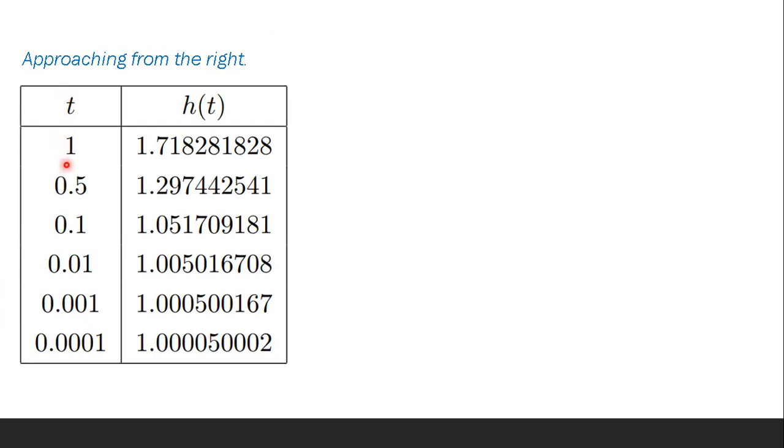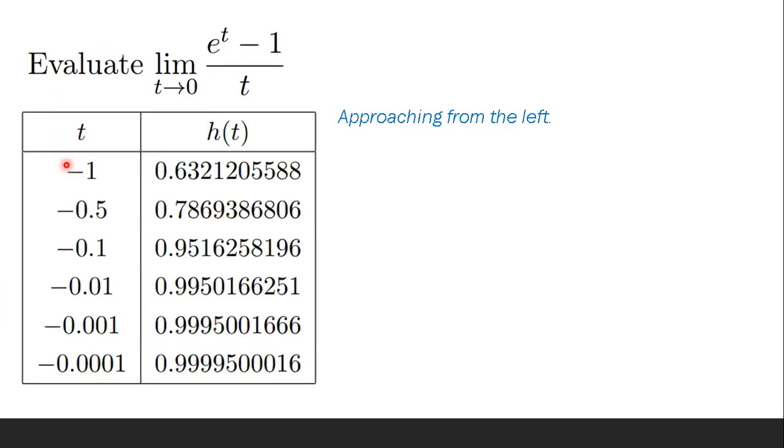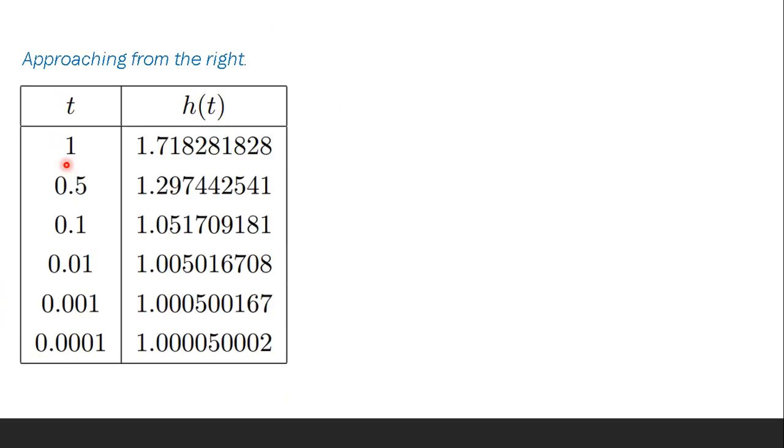That's e raised to the power of 1 minus 1, all over 1. Okay? And be careful in substituting in order to get the same value. You can double check using your calculator whether my values here are correct.